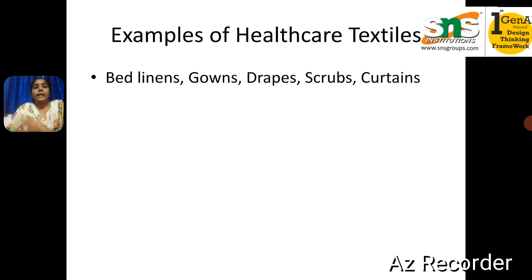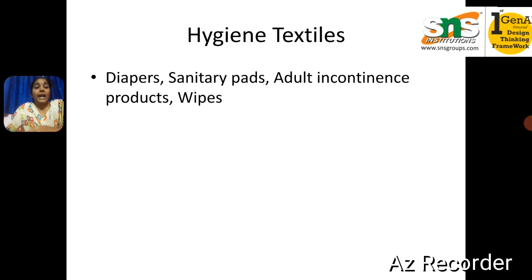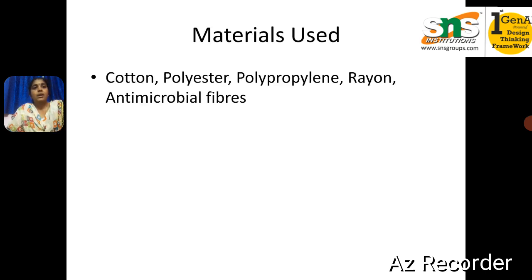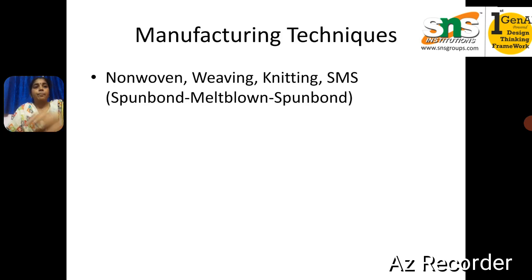Examples are bed linen, gowns, drapery, scrubs, curtains, etc. Hygiene textiles come under diapers, sanitary pads, adult incontinence products, that is diapers for old age people, and wipes. Next the materials used are cotton, polyester, polypropylene, rayon and antimicrobial fibers. Antimicrobial fibers are mainly used in these concepts.